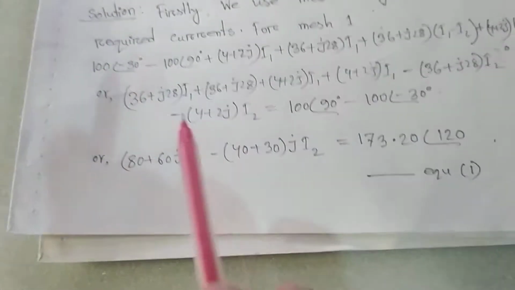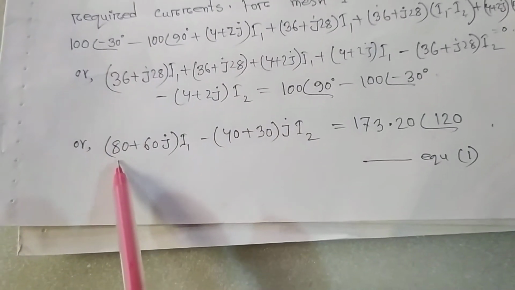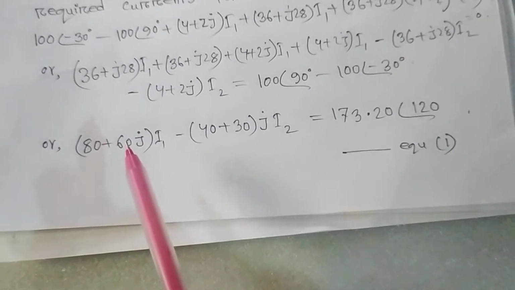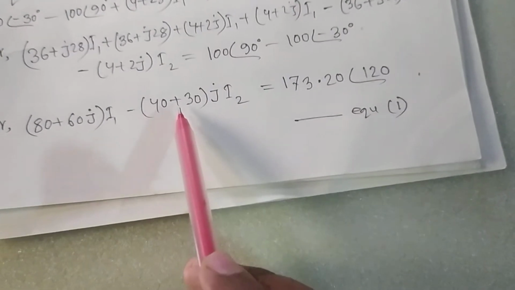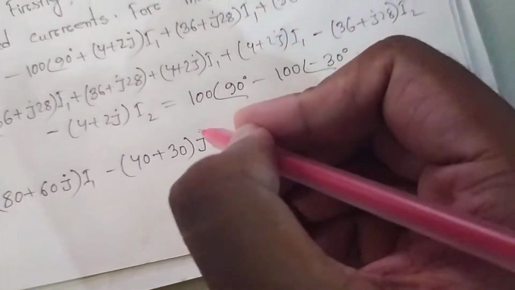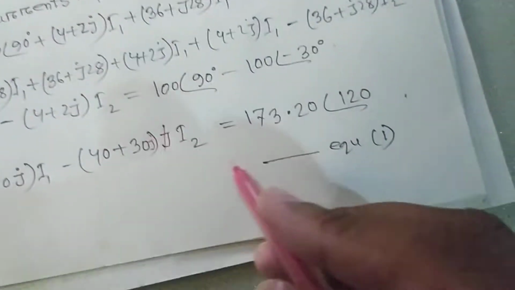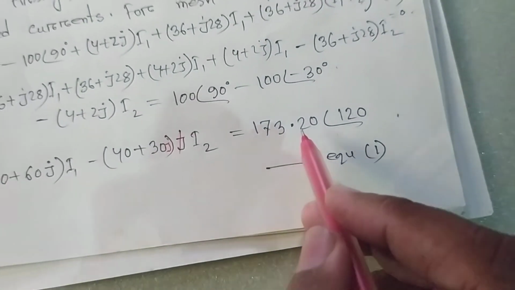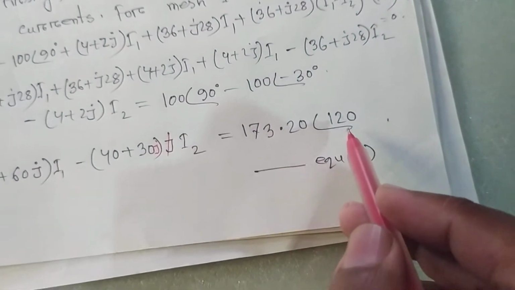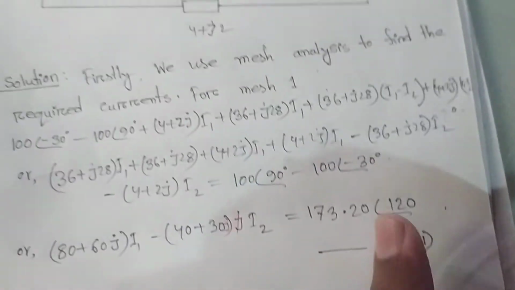This is for mesh 1. Easily calculate: (80 plus 60j) I1 minus (40 plus 30j) I2 equal 173.20 angle 120. Equation number 1.